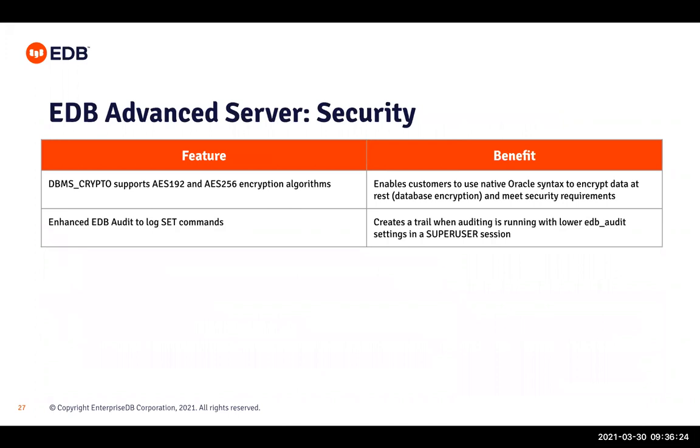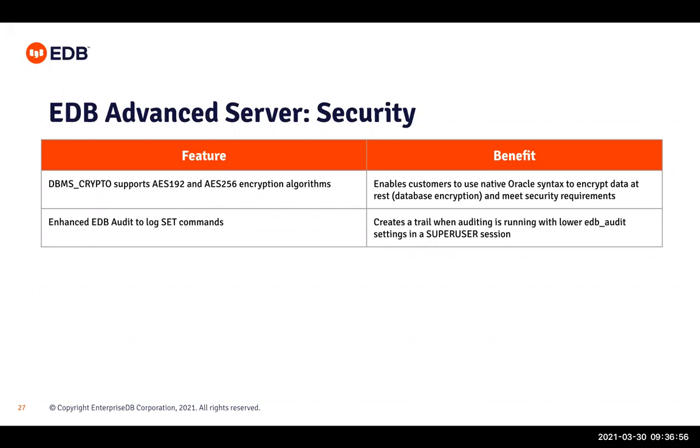To improve security on Advanced Server, we are adding AES 192 and 256 bit encryption algorithms. And the important thing here is that in EDB Audit, you can audit everything that goes on in the database, but for superusers, in a superuser session, you're actually able to lower the audit level, which makes sense in some cases.